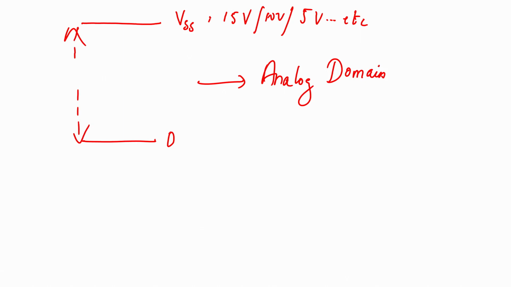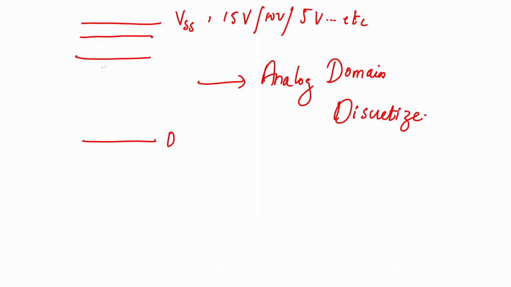Now, in analog to digital conversion, we will discretize the number of values that the input signal can take from this infinite spectrum of voltage values. In simple logic terms, this means we will divide this whole range into a definite number of intervals.